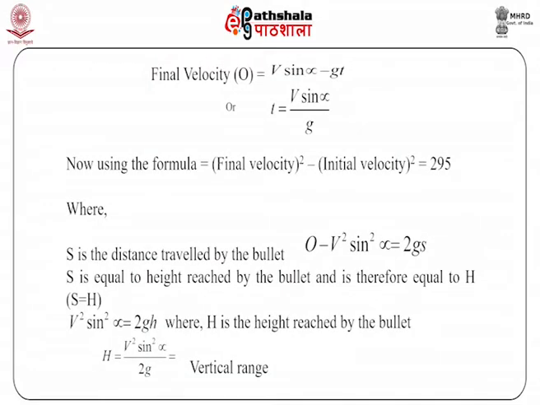Final velocity 0 is equal to v sin alpha minus gt, or t is equal to v sin alpha by g.